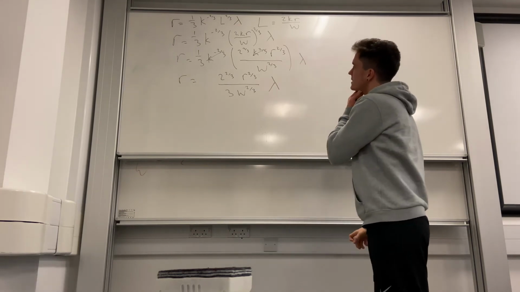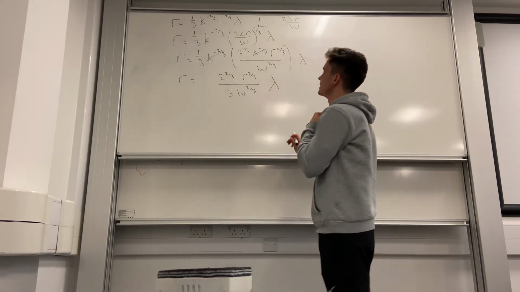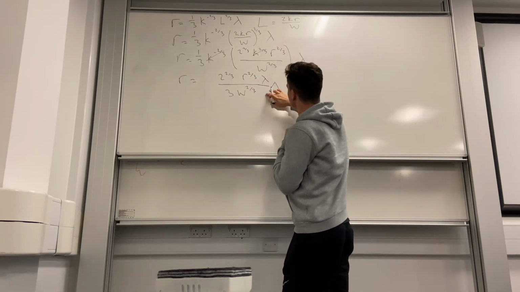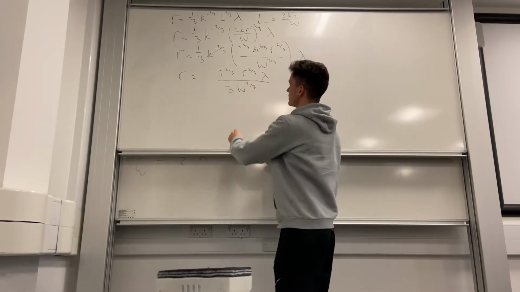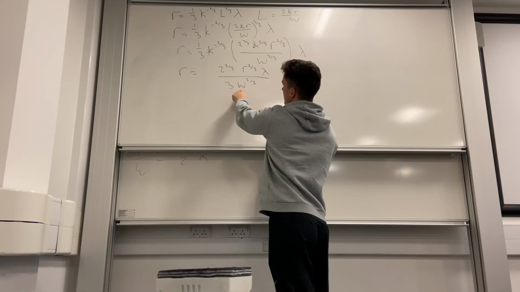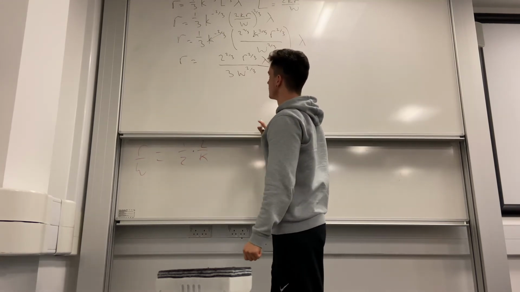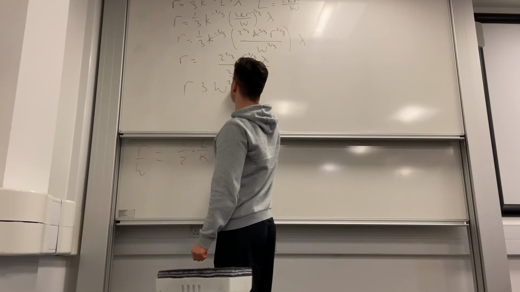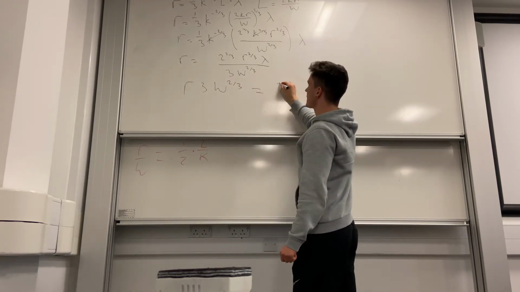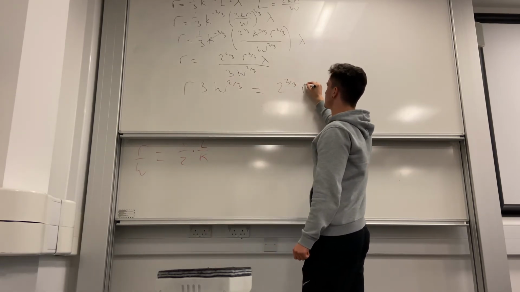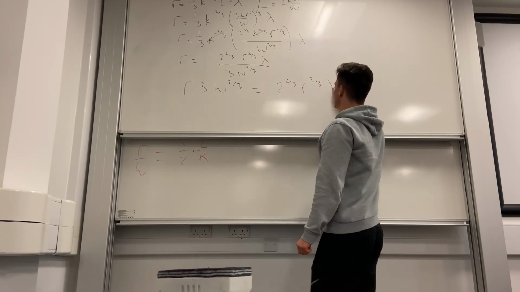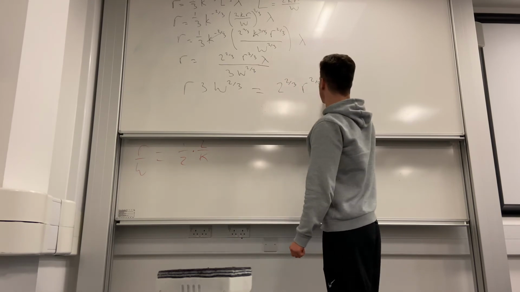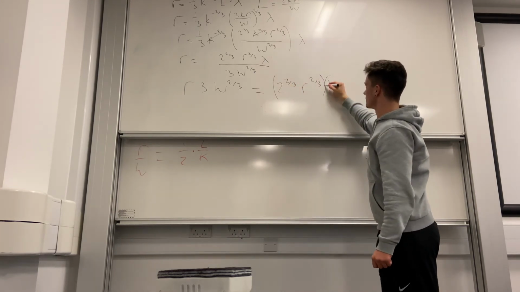And then to bring this over, lambda can come to the top there because it's times by it. To bring this over, we times both sides by 3w to the power of 2 over 3, so we end up getting r times 3w to the power of 2 over 3 is equal to 2 to the power of 2 over 3 r to the power of 2 over 3 lambda. And then we just divide both sides by this bit here to isolate lambda.